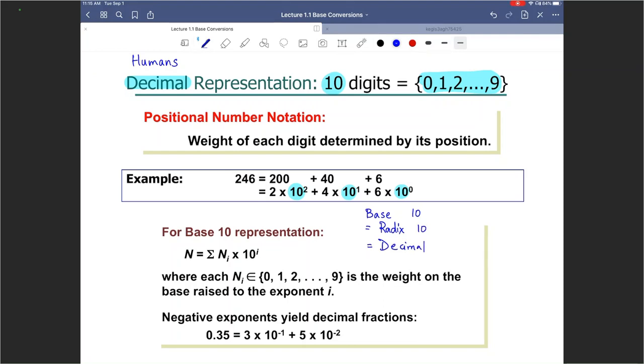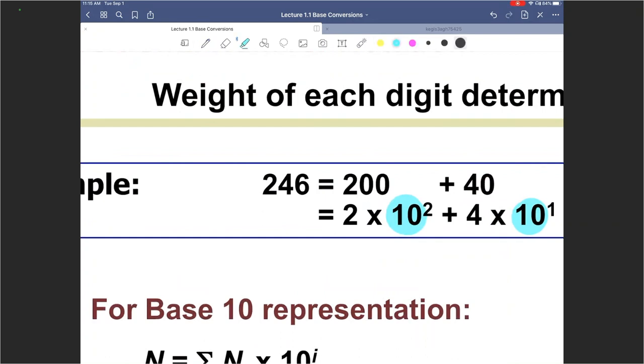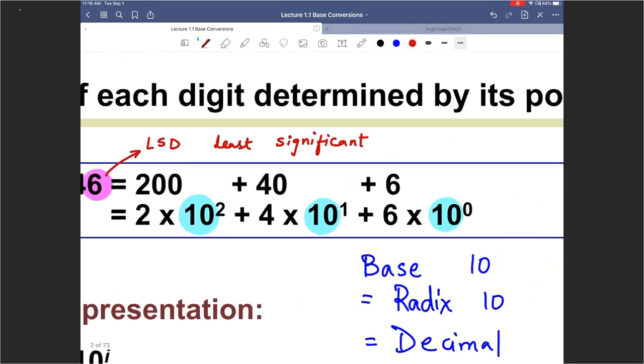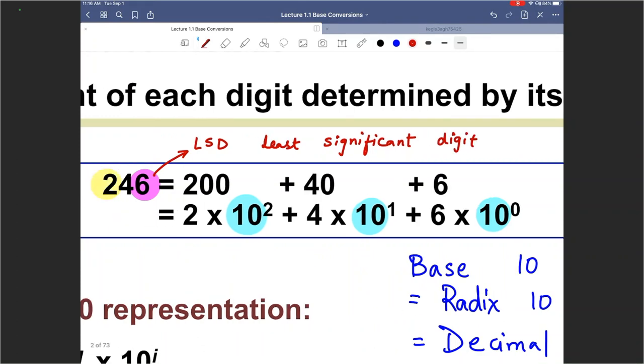Now 246, it is probably a good idea to understand what is this 2 and what is this 6. Can we call them the ends of the numbers with specific names? 6 is actually my least significant digit. The rightmost digit is least significant because that repeats the fastest, right?